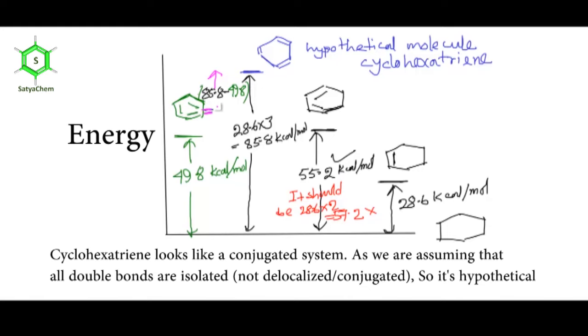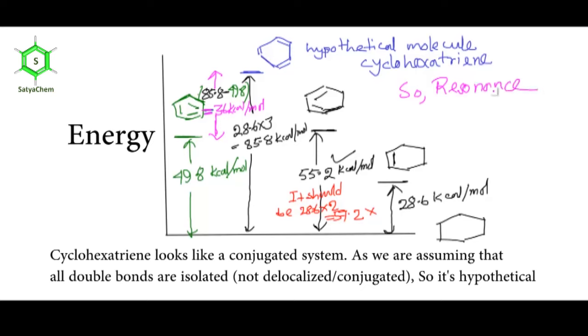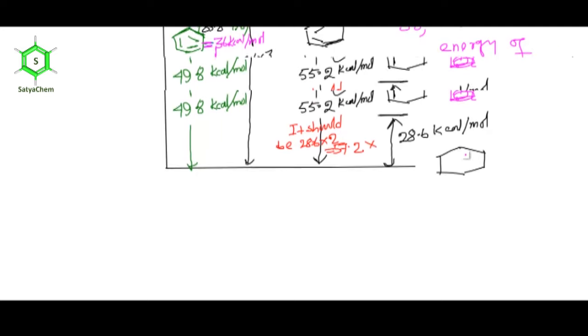So benzene is stabilized by 36 kilocalorie per mole with respect to cyclohexatriene. It is due to resonance, so the resonance energy of benzene is 36 kilocalorie per mole.